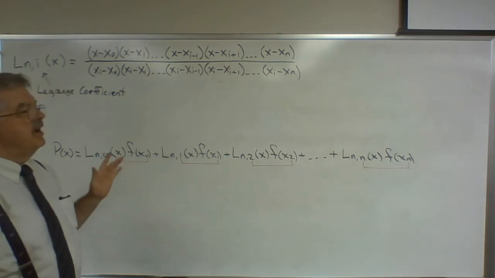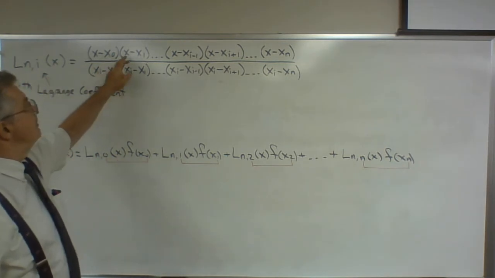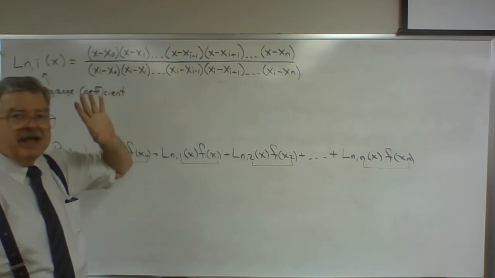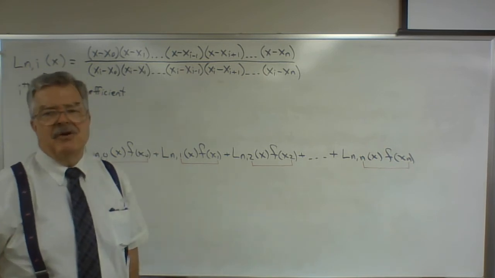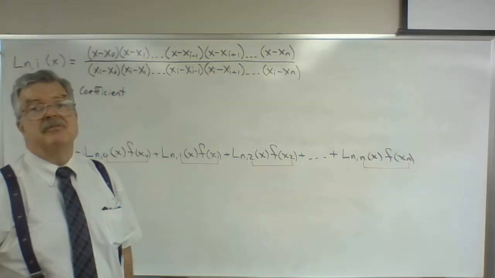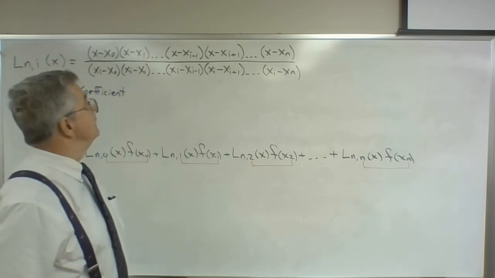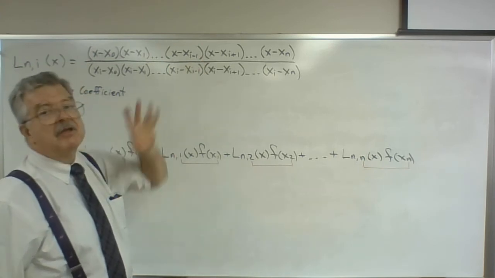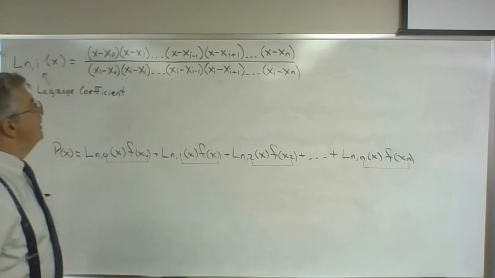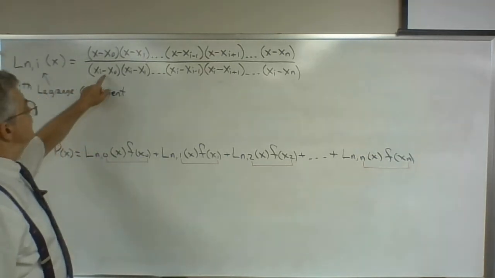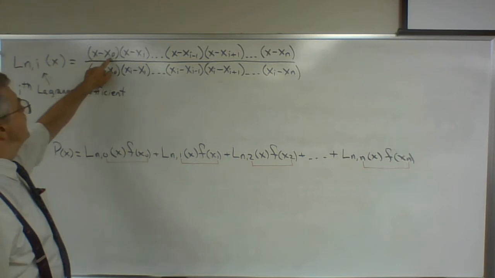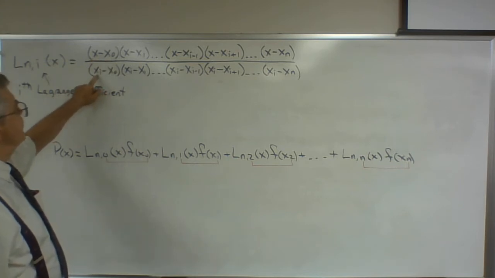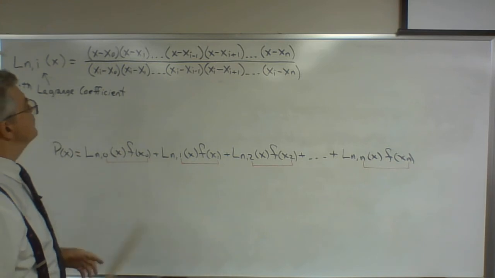We have x minus x0, x minus x1, and so forth. We have all of those. As far as the numbers from 0 to n, we're missing x sub i deliberately. Let's see what we have on the bottom. x sub i minus x0. Well, let's see. Up top we have x minus x0. On the bottom we have x sub i minus x0.